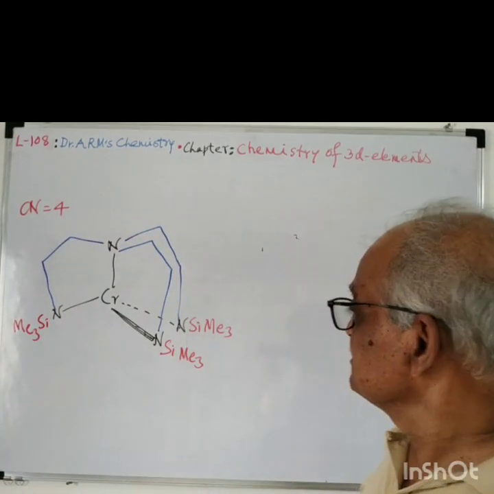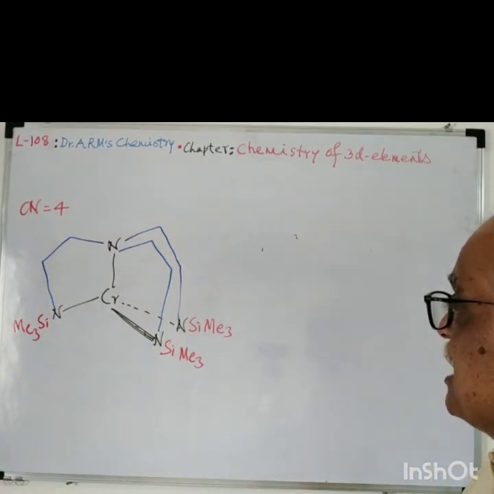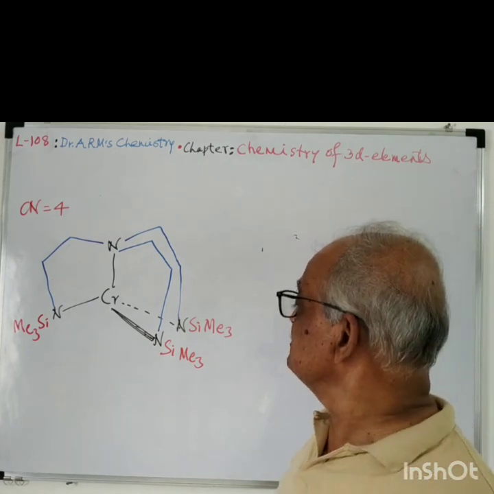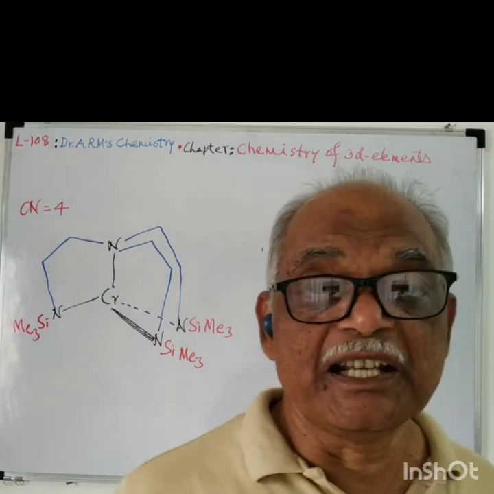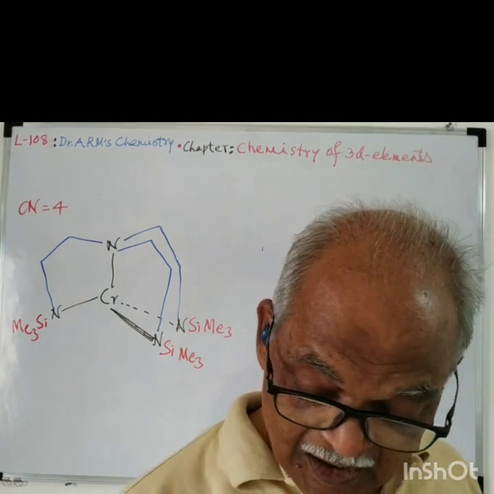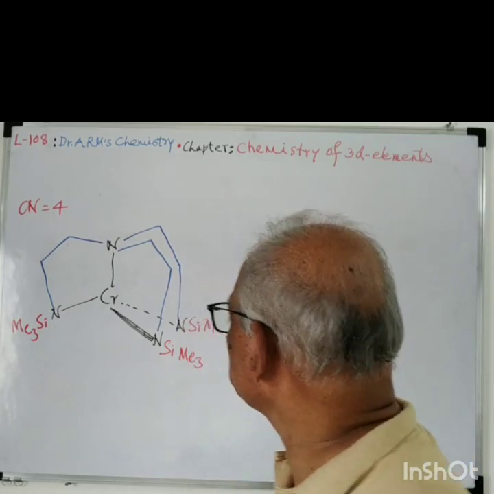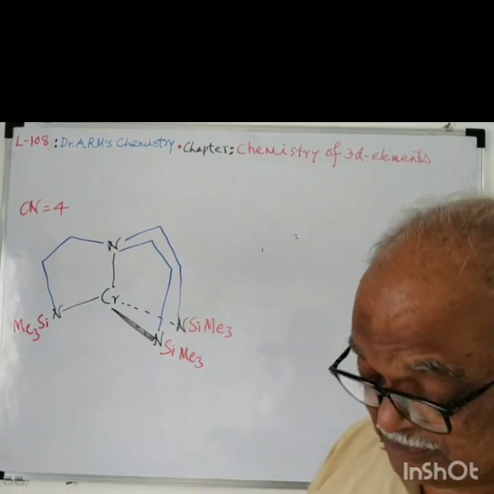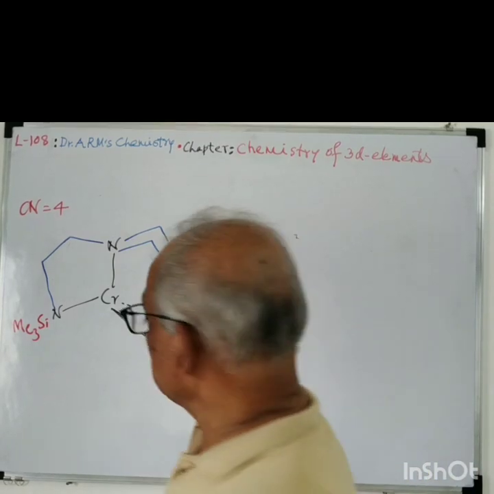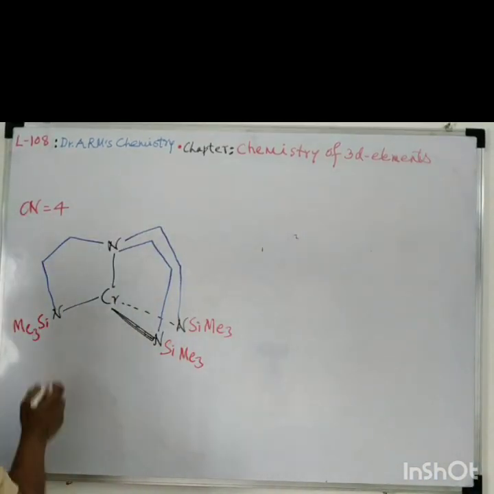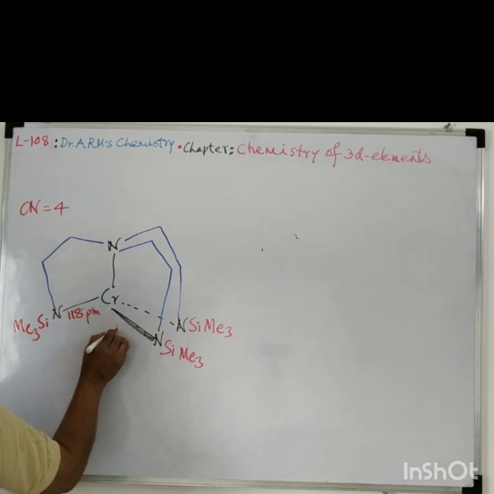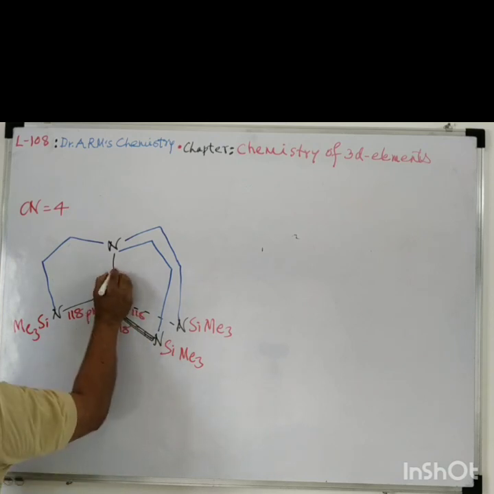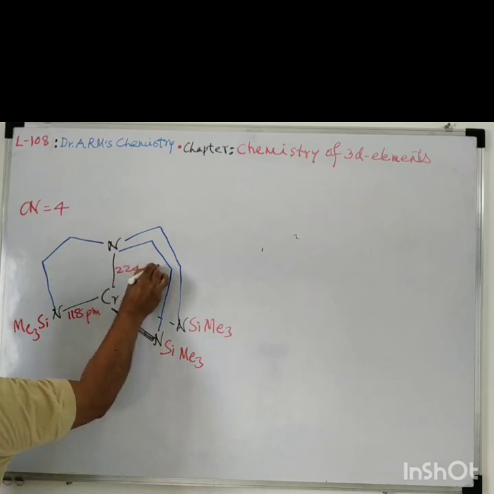This is the structure of one chromium complex having pentagonal chelate ring structures. Here you will find that the bond distance is 118 pm. This is also 118, this is also 118, but this is 224 pm.